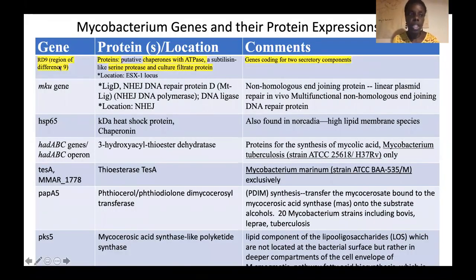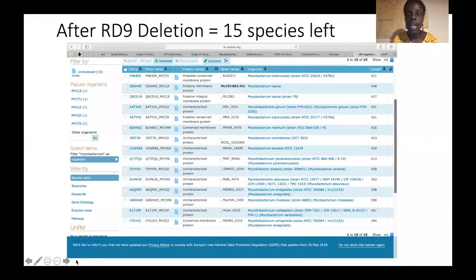RD, the region of difference, is actually a gene that codes for proteins in Mycobacterium and many other bacteria. We see this protein is a chaperone protease with ATPase. It's a serine protease.